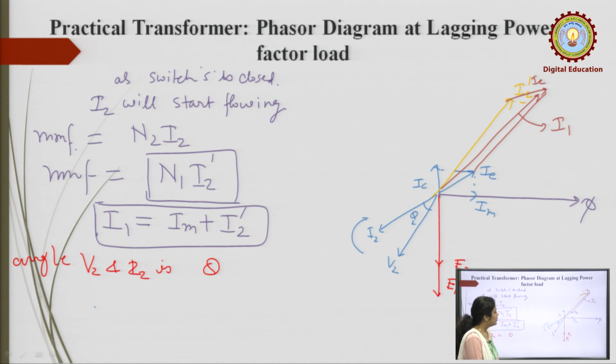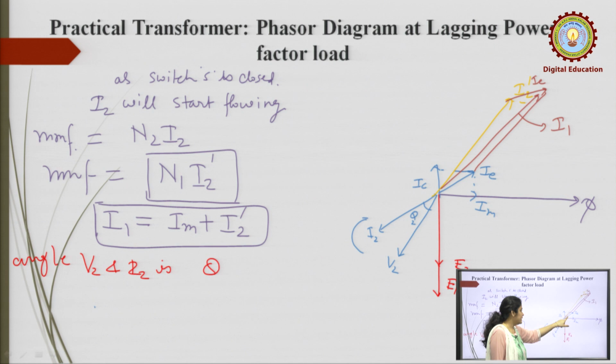Okay, because at loaded condition both currents are flowing, that is IE and I2 dash. In the ideal transformer only Im is there, but in the case of a practical transformer IC comes into the picture. So, IE is leading the flux, and when the transformer is loaded, another current flows into the primary side also, that is I2 dash.